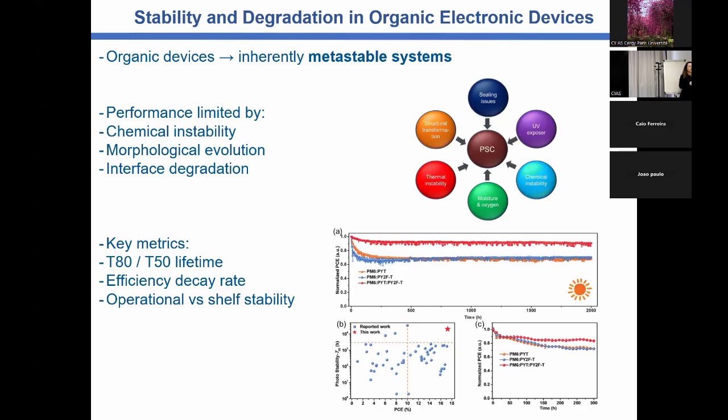So when they are in the non-equilibrium condition, we can have this morphological evolution even though there is no external stress, for instance, with temperature, but just with absorption of the light, we have this morphological evolution of the compounds.